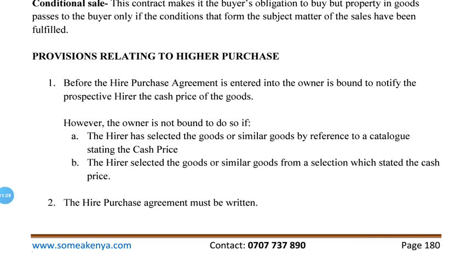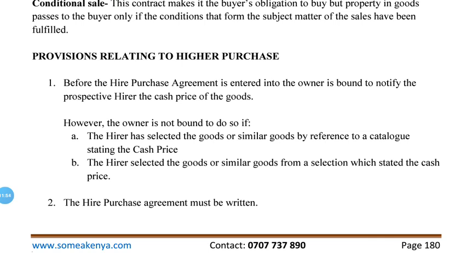If you opt to buy that item in cash, then the cash price is given. If you opt to buy on hire purchase basis, then the hire purchase price is already provided. So that is the provision of the law, that the seller must indicate the cash price of the item and the hire purchase price of the item.